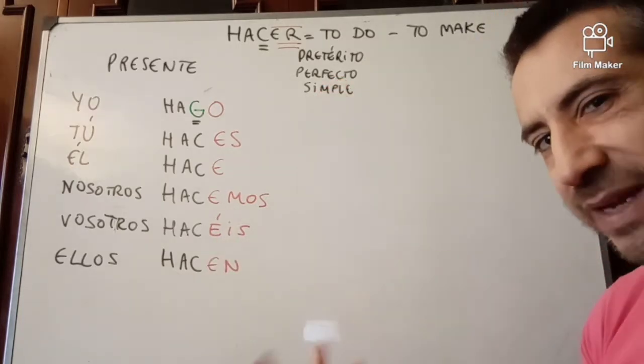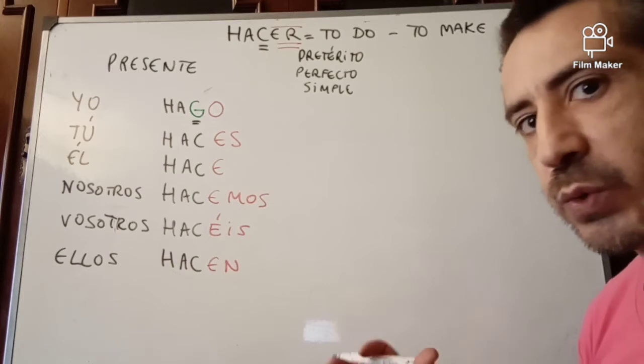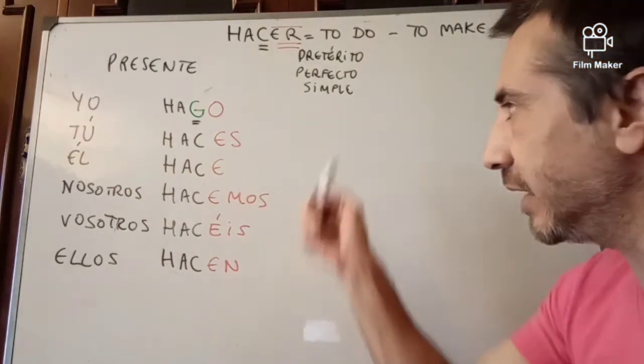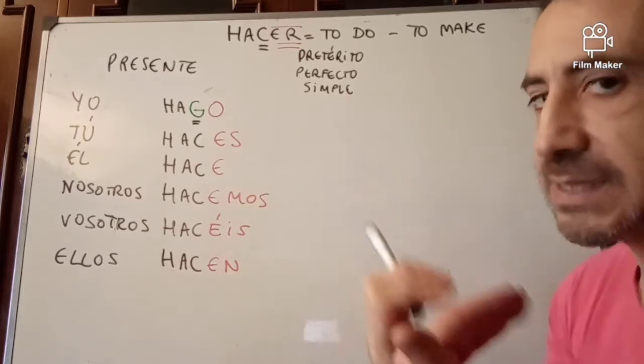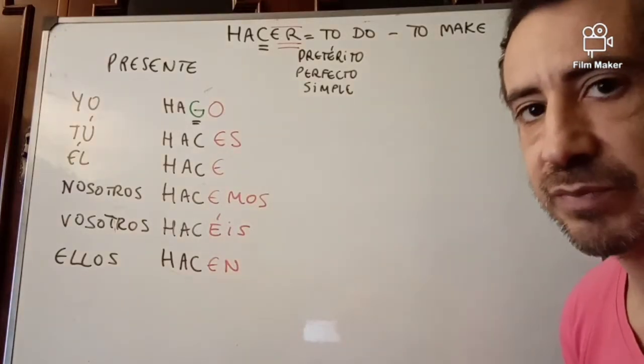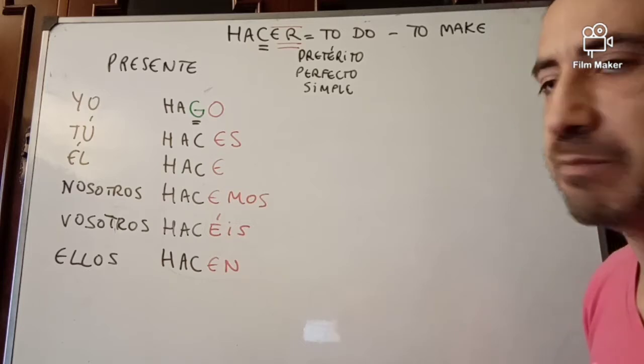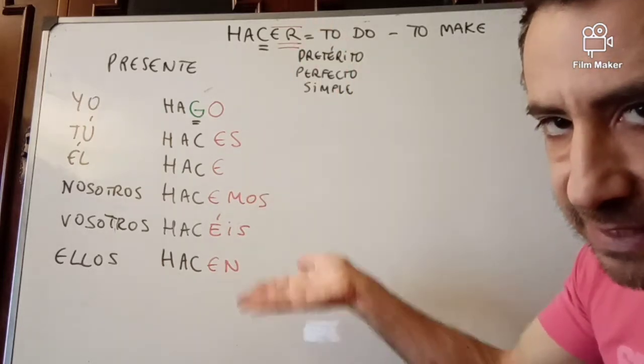In another video we'll see groups of verbs that follow a certain pattern in our simple past when they are irregular, so as to make it easier for you to remember them. But in this case, let's see this one.